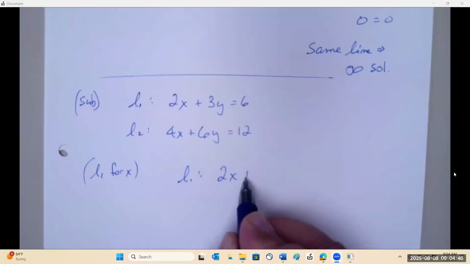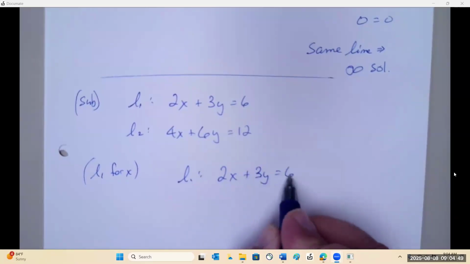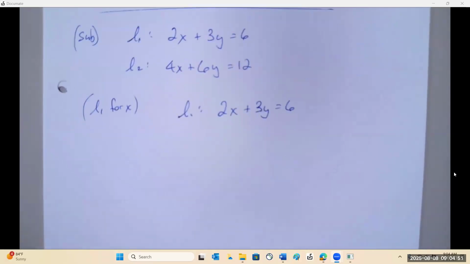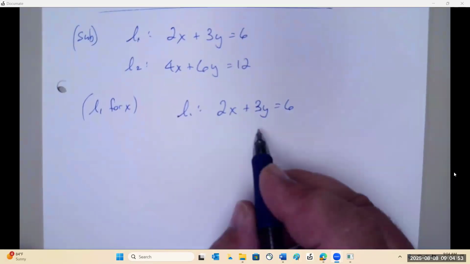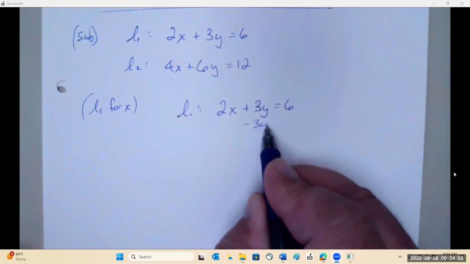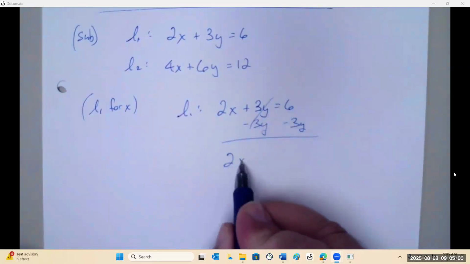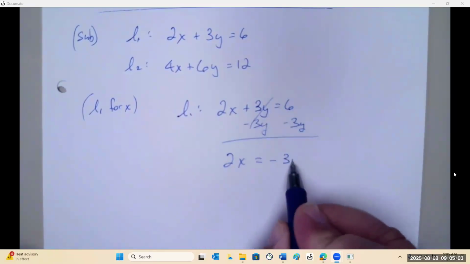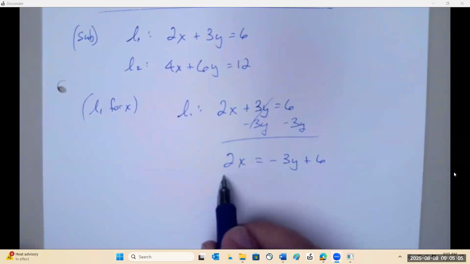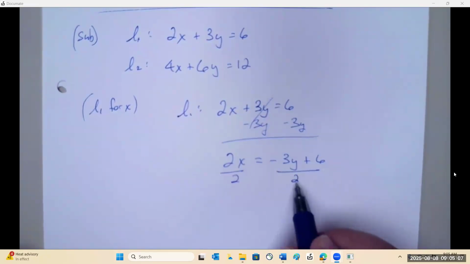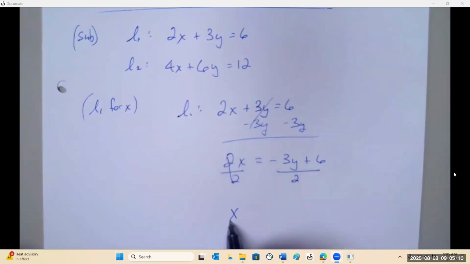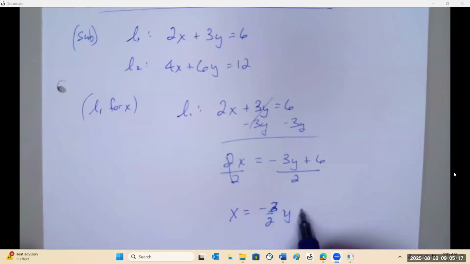So we have 2x plus 3y equals 6. Solve for x. Move the 3y over first and divide by 2. So x is equal to negative 3 over 2 y plus 6 over 2, which is 3.